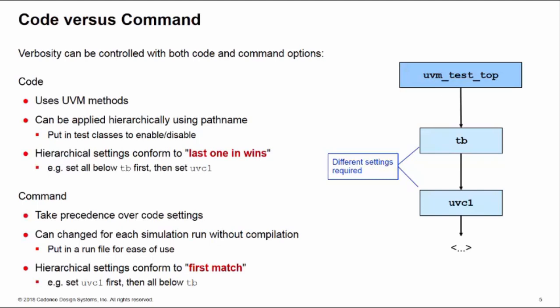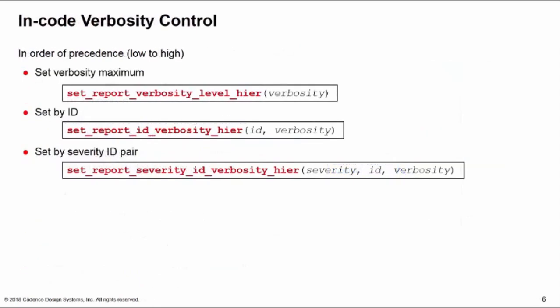So what this means, if we need a different setting for the UVC1 than the TB, we need to set UVC1 first, and then we can set everything below TB second, because we've already set UVC1 for the command line options. The first match wins. So it's exactly the opposite way of calling them from the code arguments. So again, we need to be careful when we apply these to make sure we understand what the precedence is for the settings. So let's have a look at the in-code verbosity control first.